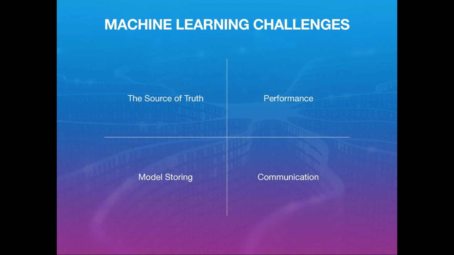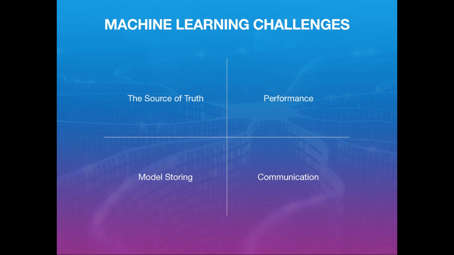The second challenge is the performance. And here, I don't mean only the accuracy of the model, as usually referred to for machine learning projects, but I'm referring also to the speed at which you can update your models and provide the forecasting. Because, for instance, if you have the best algorithm for recommendation, but it takes minutes instead of milliseconds to provide the recommendation, it will be totally useless.